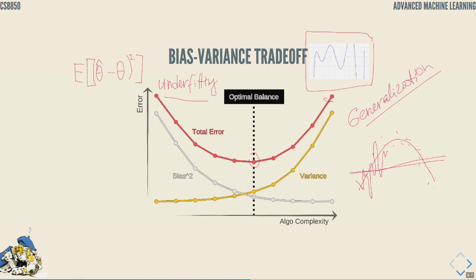Yes, our bias will be the lowest, but our variance will be the highest. As you see here, with time, bias decreases, but as algorithm complexity grows, our variance increases. This is true in multiple ways.